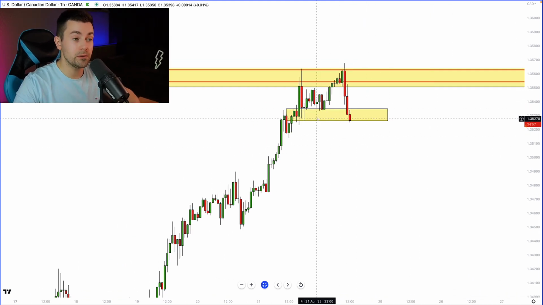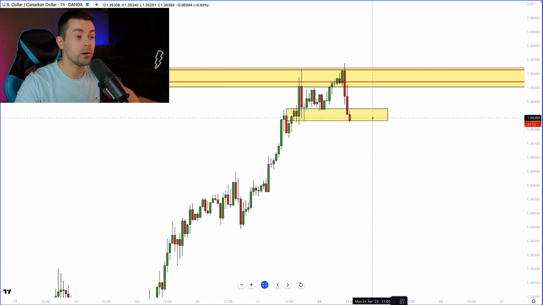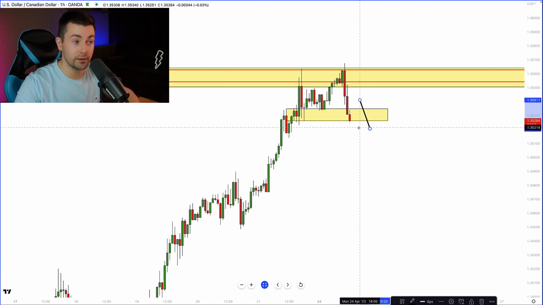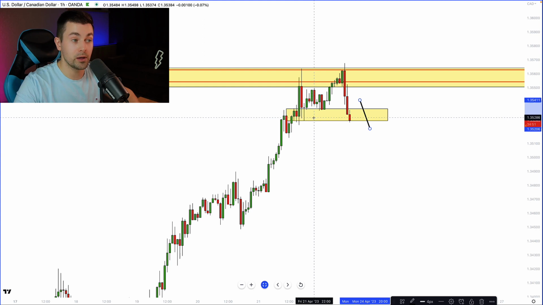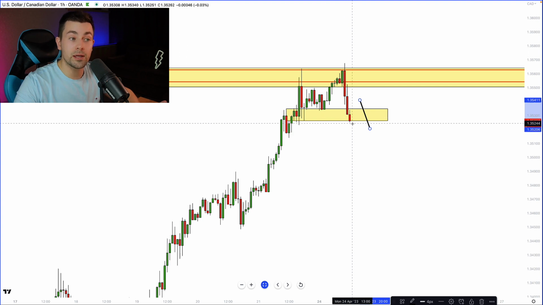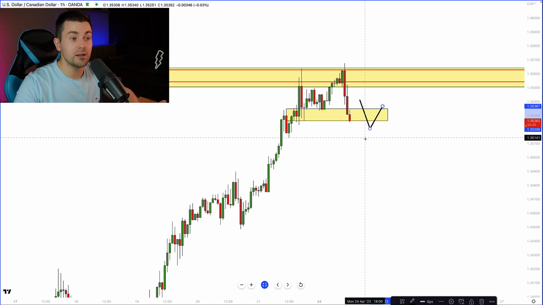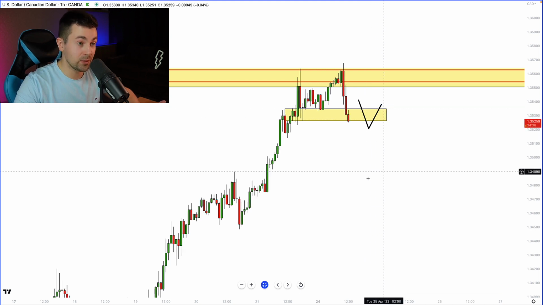In order to trade this pattern, we will look for breakout of its neckline. In order to confirm the breakout of the neckline, we will need an hourly candle close below that. Then once the hourly candle closes below the neckline, I would suggest setting your sell limit order on a retest of a broken neckline.